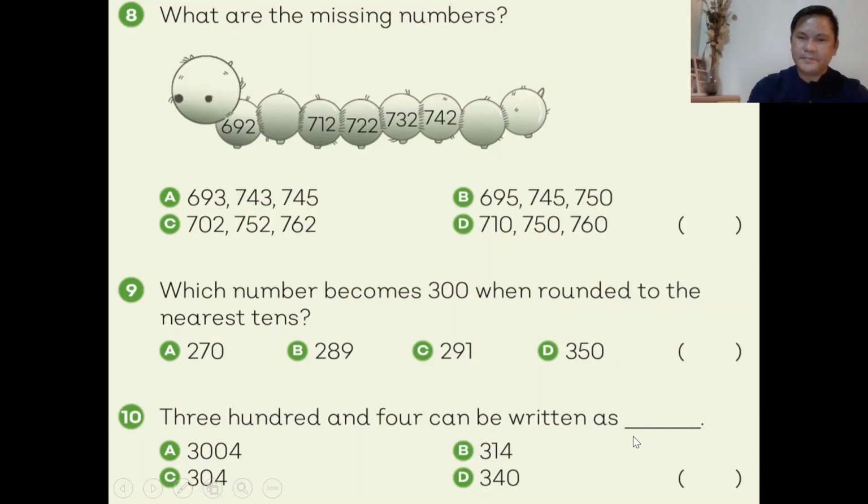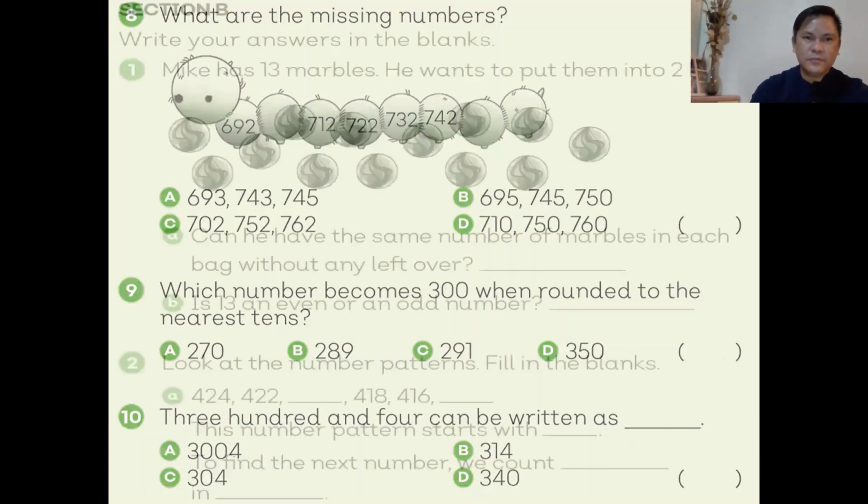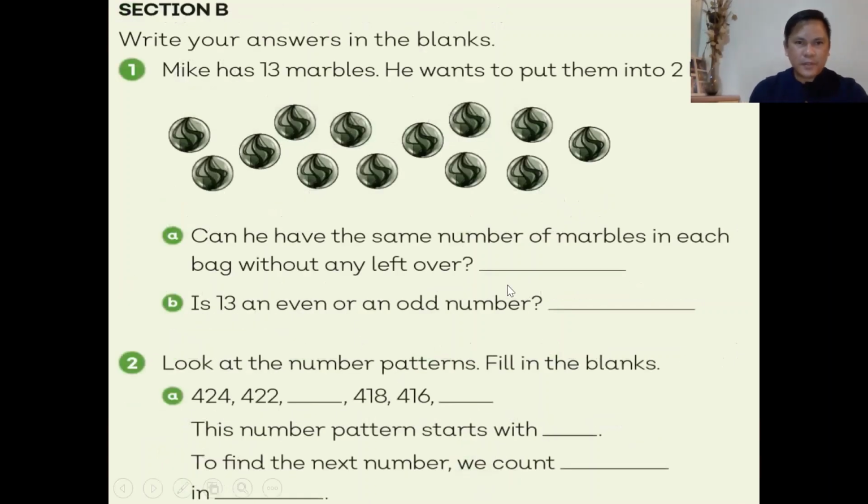Very good. Let's go to section B. Okay, write your answer in the blank. Mike has 13 marbles. He wants to put them into 2 boxes. So if we count 1, 2, 3, 4, 5, 6, 7, 8, 9, 10, 11, 12, 13, it has 13 marbles.